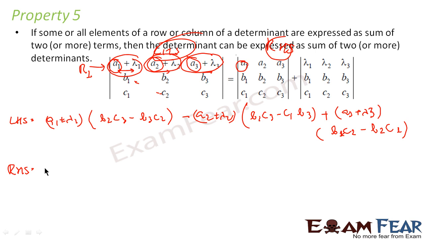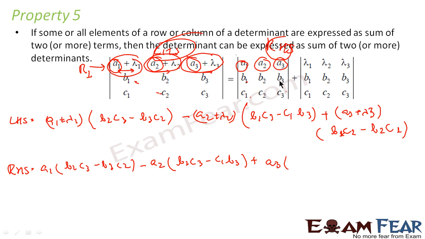A1 into B2 C3 minus B3 C2, minus, because for the second element i plus j is odd, A2 into, since I took A2 I can't take the second column and first row, so I'm left with B1 B3 C1 C3, so B1 C3 minus C1 B3, plus third element A3, since I took A3 I can't take column 3 and row 1, so I'm left with B1 B2 C1 C2, that is B1 C2 minus B2 C1, correct?